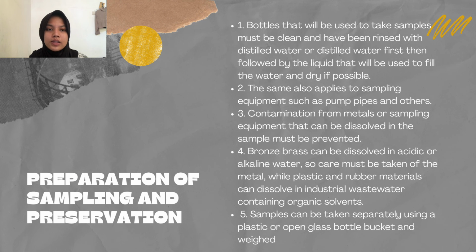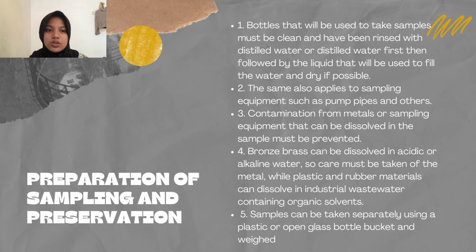Okay, step 1, preparation of sampling. Number 1, the bottle that will be used to take samples must be clean and have been rinsed with distilled water first, then followed by the liquid that will be used to fill the bottle, and dry if possible.